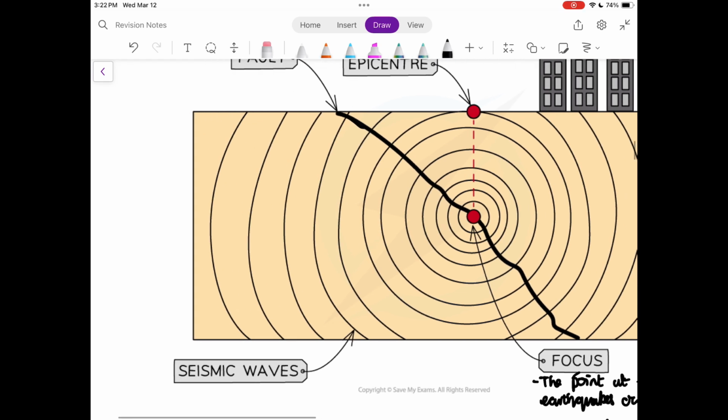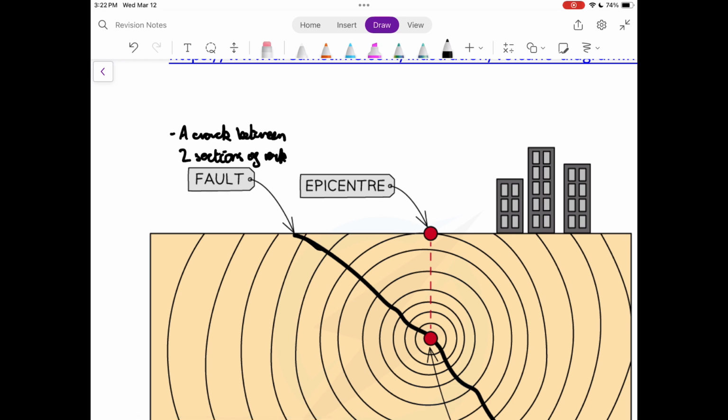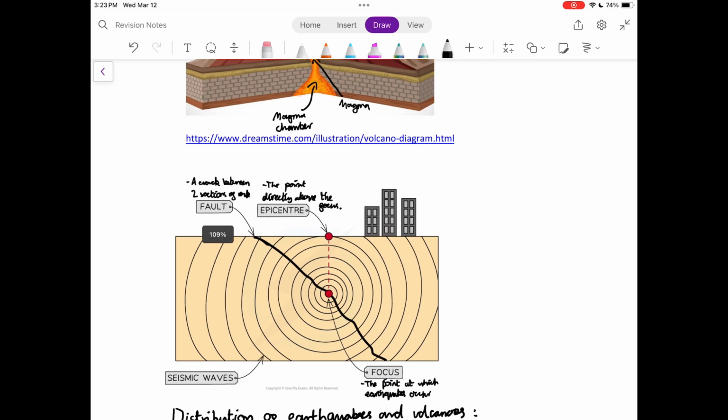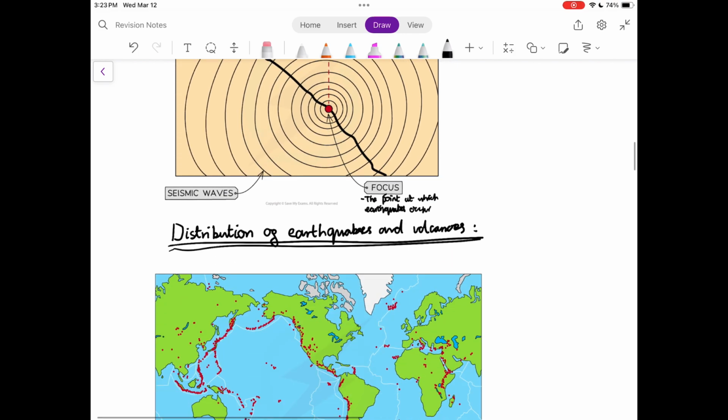And you can see that there are waves, and these are called seismic waves, and they're released from the focus, and these are what cause earthquakes. And the epicenter of an earthquake is the point directly above the focus. Okay, so that's all you need to know for features of an earthquake.